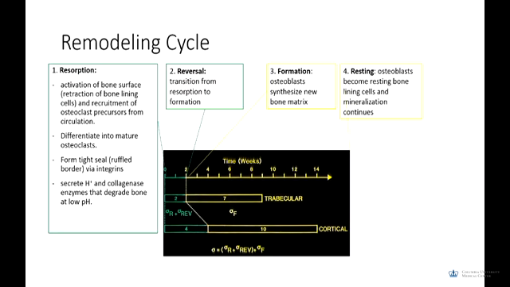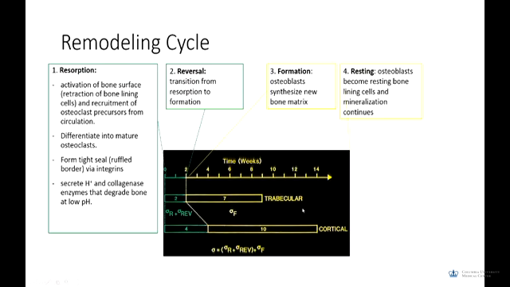Then they break down the bone by secreting acid, and then it transitions into the formation phase, which lasts a lot longer. As you can see here, most of the time is spent by osteoblasts synthesizing the new matrix. This can take several weeks, up to like 3 months. And then once osteoblasts are done, they rest and they just become the lining cells.